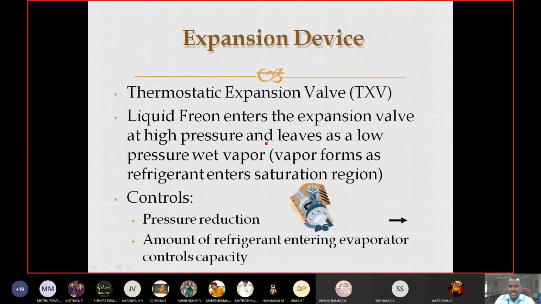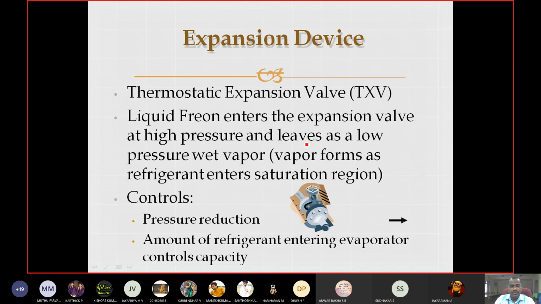So this will control the pressure reduction and the amount of refrigerant entering the evaporator. The evaporator controls capacity. Because of these two reasons, we need this TXV, the thermostatic expansion valve.